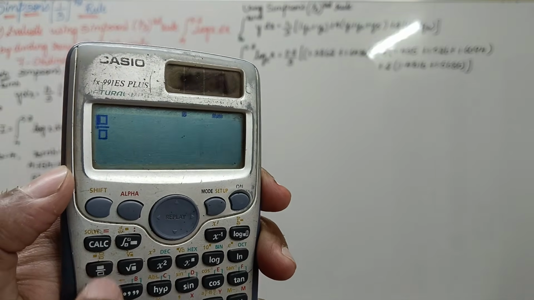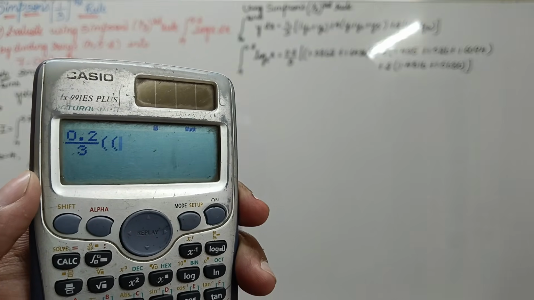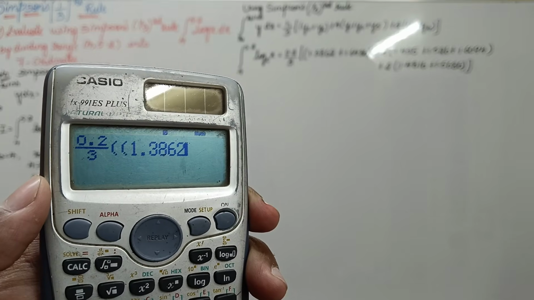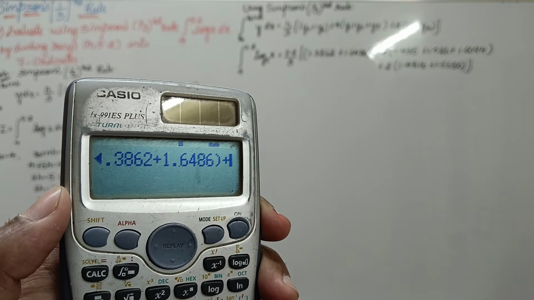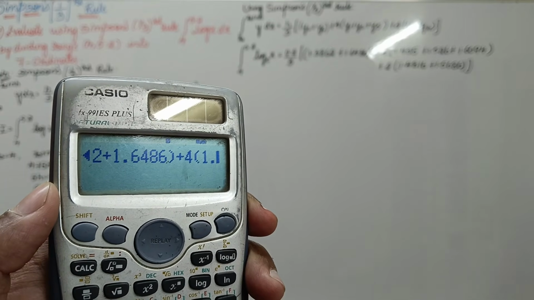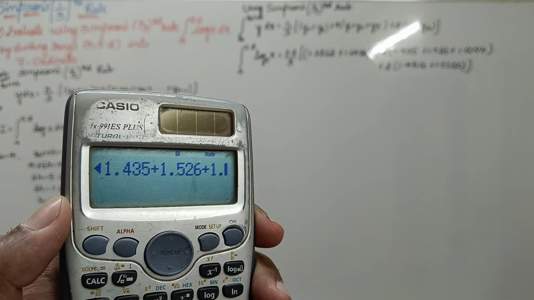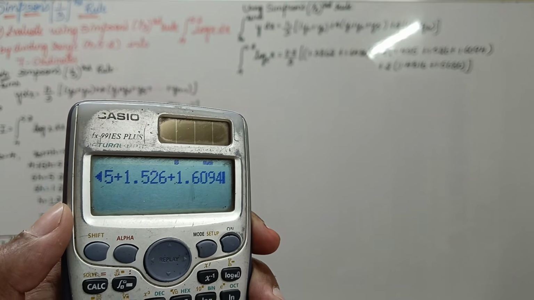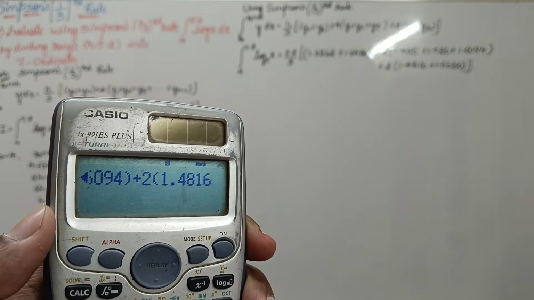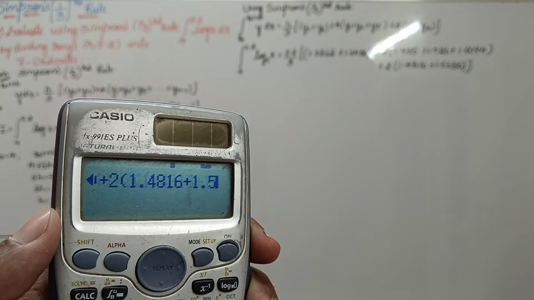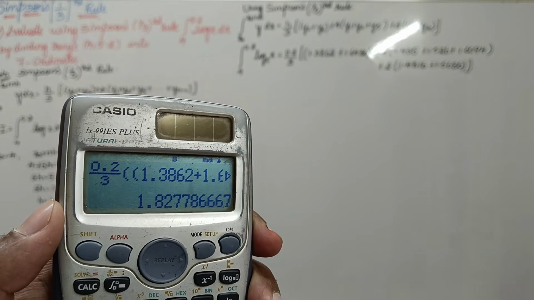Now press the fraction key: numerator 0.2, denominator 3, into open double bracket, 1.3862 plus 1.6486, close the bracket, plus 4 into 1.435 plus 1.526 plus 1.6094, close the bracket, plus 2 into 1.4816 plus 1.5686, close the double bracket, press equals. We get 1.8277.